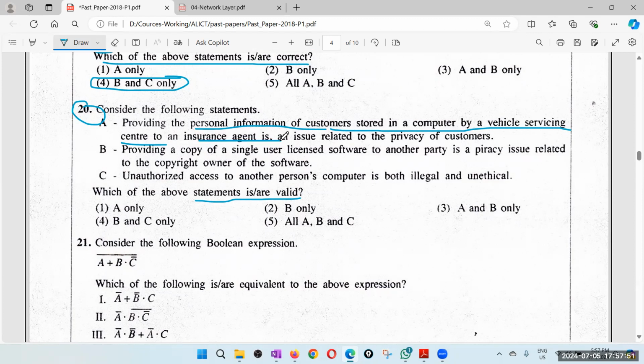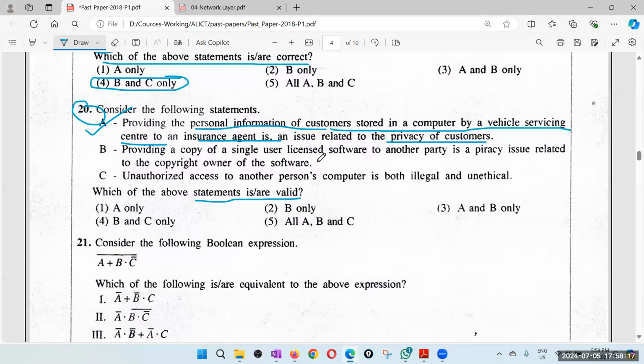So you collect data and give it to another party. An issue related to privacy of customers, of course, yes. So you are compromising the privacy and you are doing a sort of cheating, right? Giving unfavorable advantage to insurance companies. Yes.